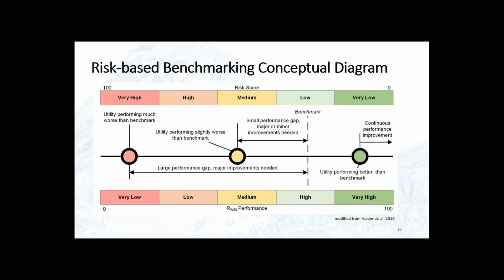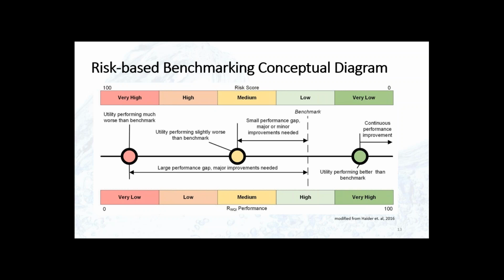The results from running information through this can be used for functional performance benchmarking, to compare performance against a defined benchmark and directly or indirectly against similar drinking water systems. For utilities performing well below a benchmark, you know that major improvements are needed.